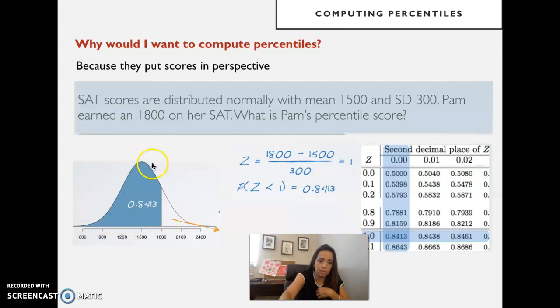The probability of scoring below that is the area under this curve here, this probability curve. Remember, the normal distribution is a probability distribution. The area under the curve tells you the total probability of getting that score or lower, which we got from the table.